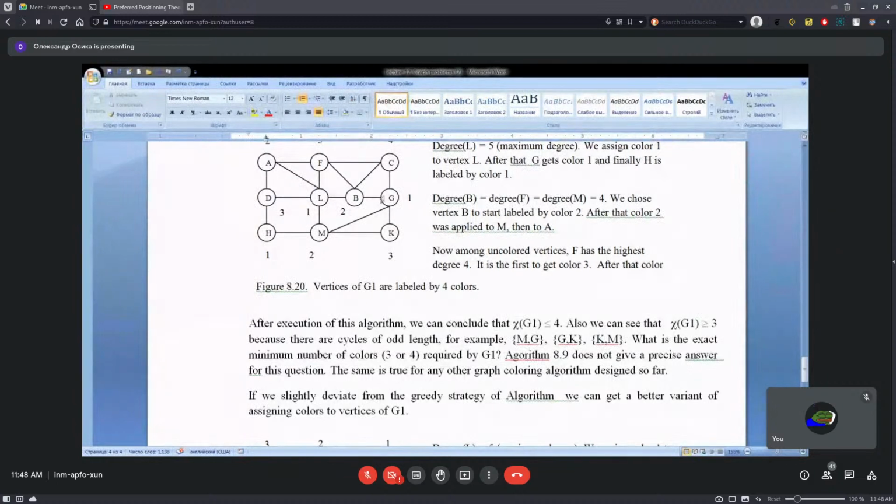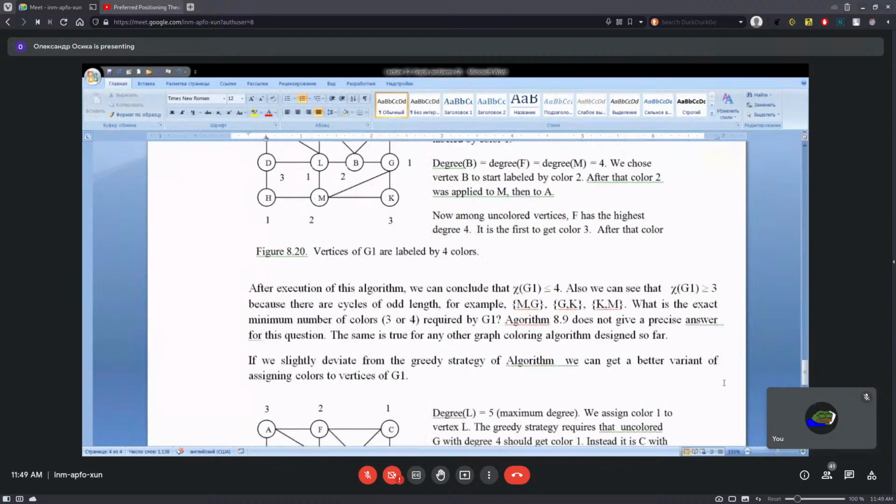Our algorithm that we discussed does not give a precise answer to this question. The same is true for any other graph coloring algorithm designed so far. No precise answer.